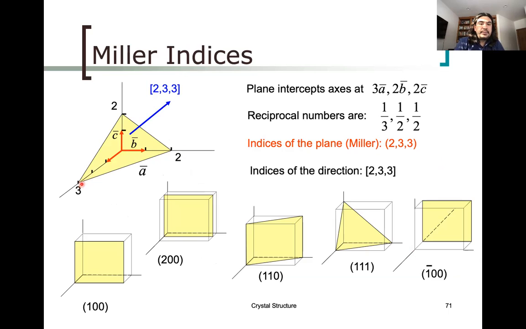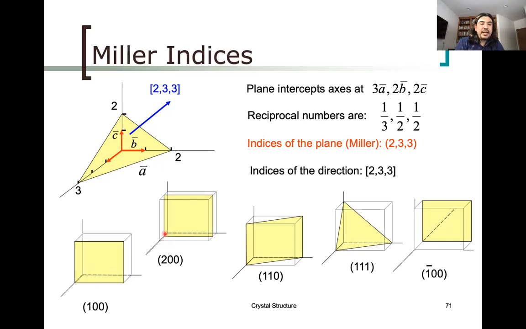This one intercepts in the 3A, 2B, and 2C. So that means that that one is the 233 Miller index, depending on the XYZ that you have. This one is the 100. This is the 200. So you see this one is 100 because its intercept is right at the 1 in the x direction.